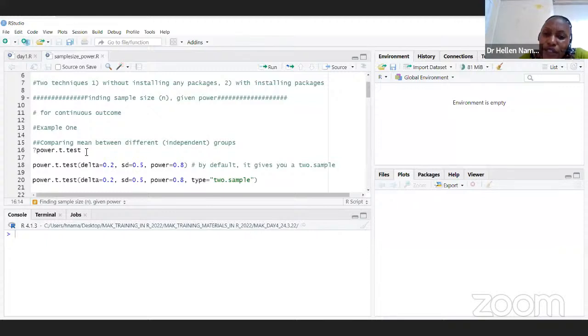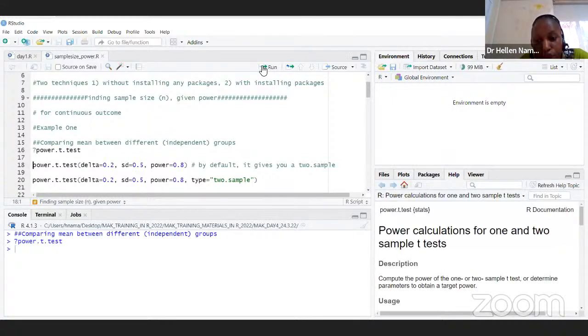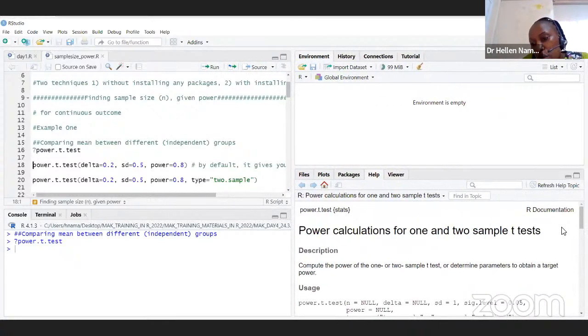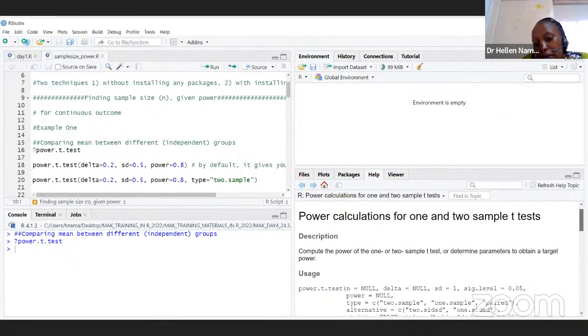But like I said, R has a help window in case you're not so sure how a certain command works. It is always better to ask, so that you read about the description, the usage, and the different arguments within the command you want to use. For example, if you type power.t.test and run that line and check your help window, we are going to see the description of the test.